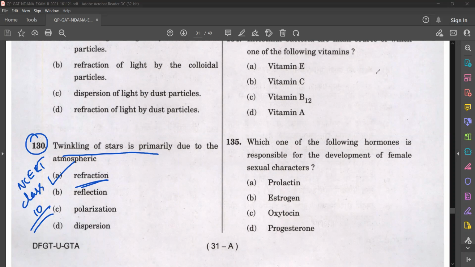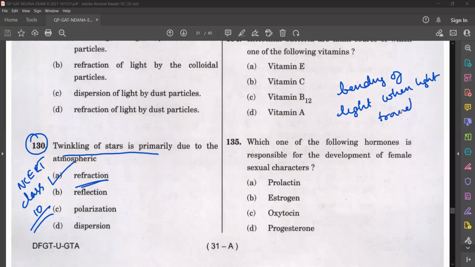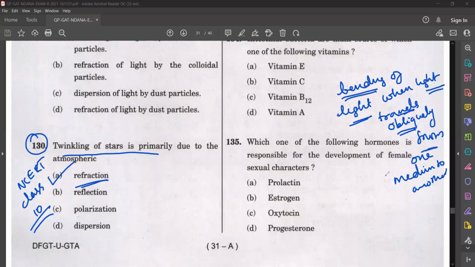Science. Okay. So what happens? What is refraction? Refraction is the bending of light when light travels obliquely from one medium to another.